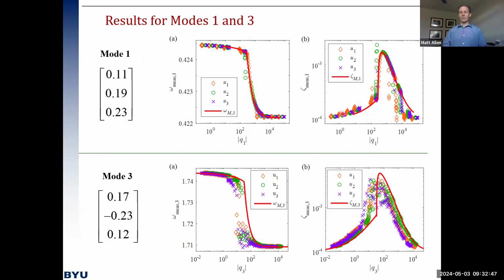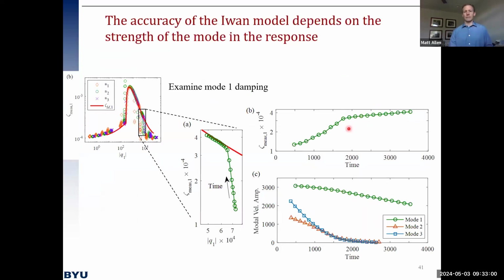So there are different modes that tend to be dominant, where the modal coupling is less important in some modes and more important in others. And we see that in real structures as well. So anyway, that kind of illustrates what's happening. If we wanted to go into gory detail, what's really happening is, if you imagine we excite the structure at a high amplitude, we excite multiple modes, but then those modes decay with time at different rates.